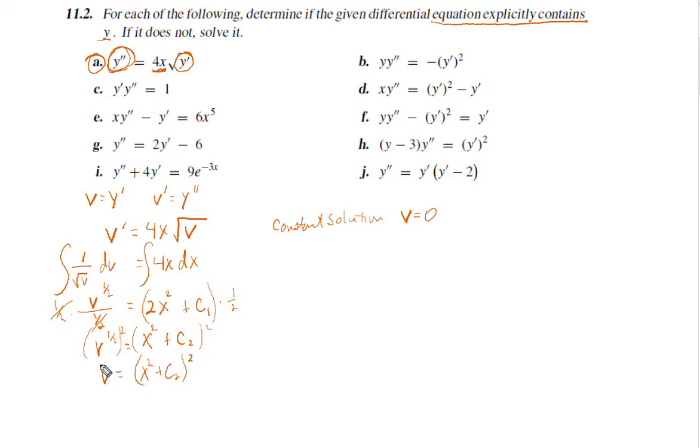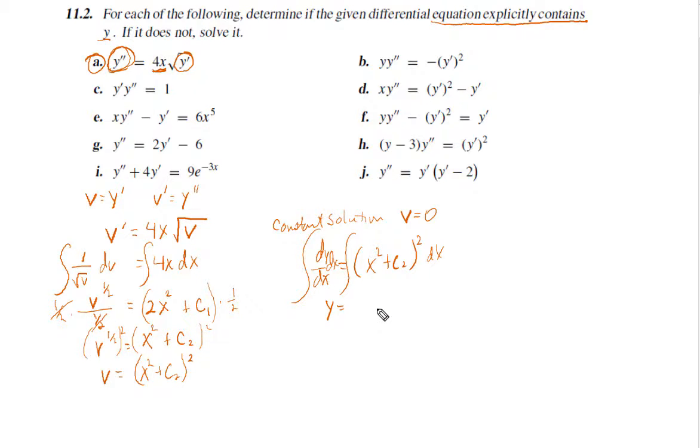Now, once we've gotten the v, we'll do the reverse substitution. So the v was y prime, which we'll say dy dx, equals x squared plus c2, squared. And so we'll integrate. This is directly integrable. We can integrate both sides with respect to x, and we'll come up with our y equals.